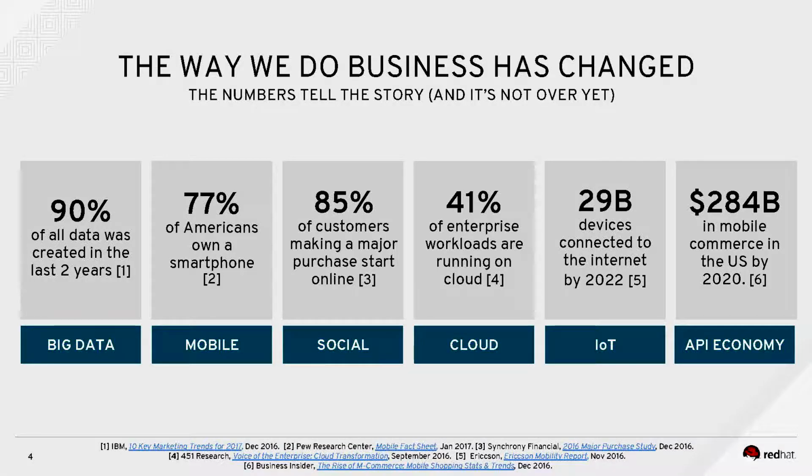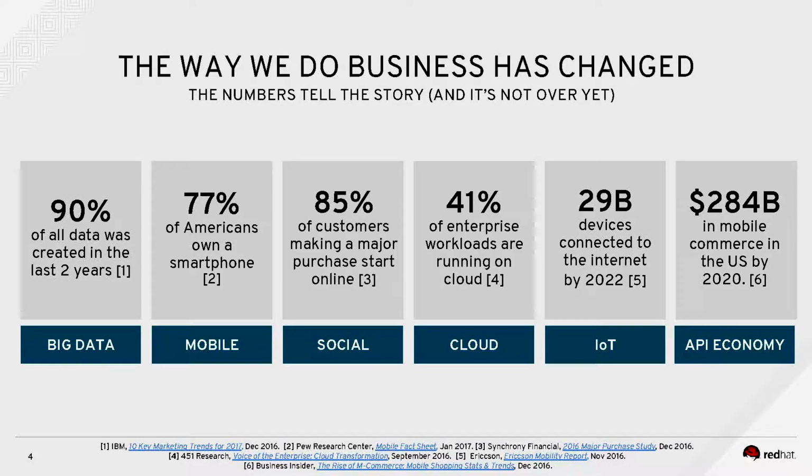The critical thing with this particular slide is that the way you're doing business today is changing, and changing very rapidly. I wanted to highlight 2 main things, and I'm not going to go through these numbers. The numbers are important, but they're just numbers.